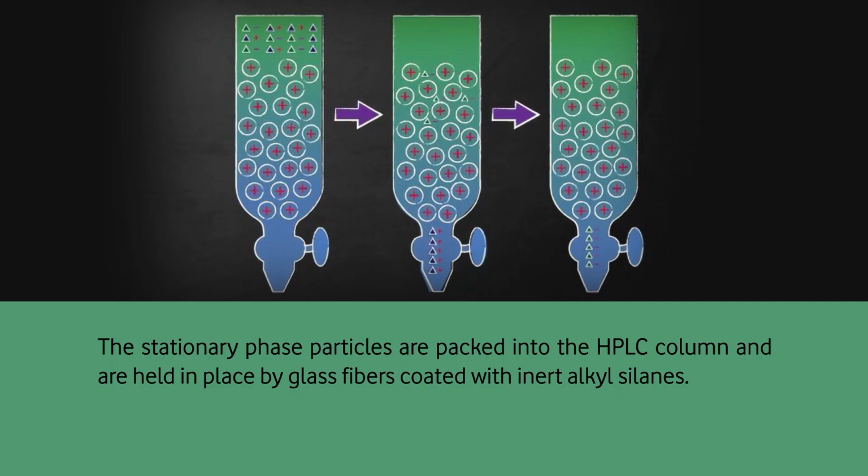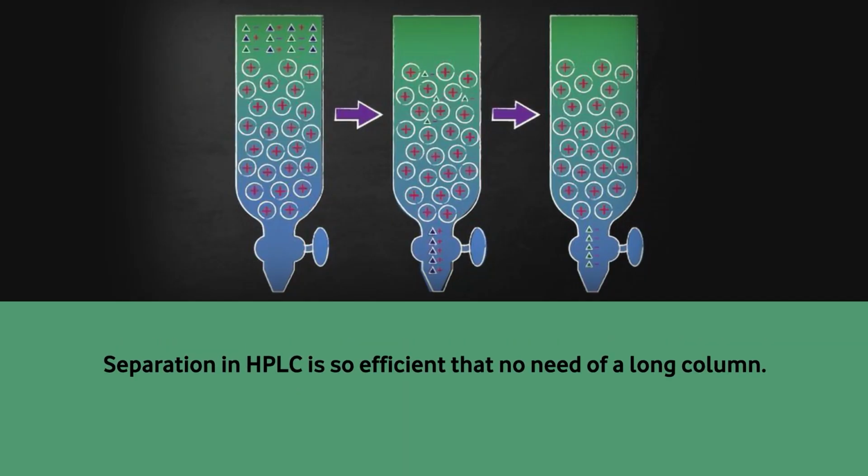If we do not apply the high pressure, then we will have a very long separation, and that is not efficient. All liquid chromatography equipment now are HPLC. The separation in HPLC is so efficient that there is no need of long columns, because otherwise you would have to have a very long column to have fast separation.